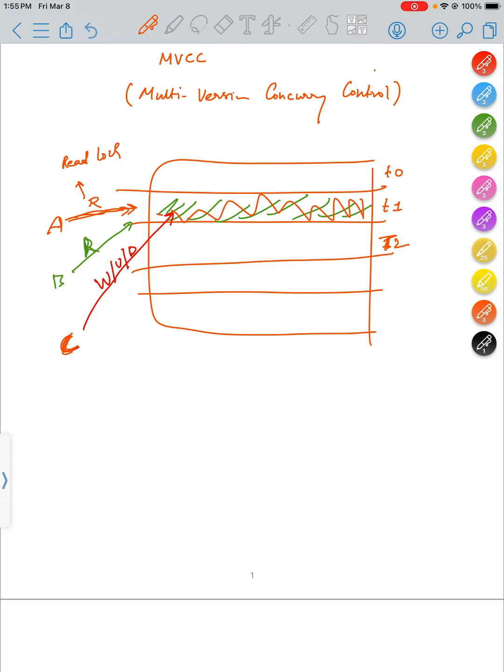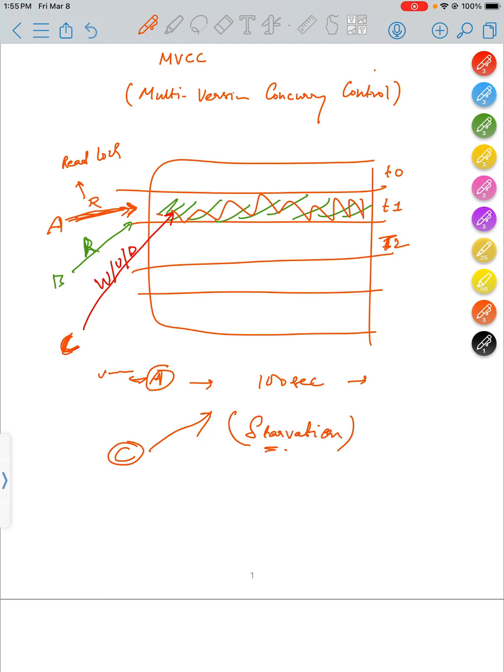But there are lots of pros and cons in this situation, because let's say A's reading takes a lot of time, so C has to wait for that. It can take 100 seconds, or more than that, or this process is very slow. So what happens is that C waits forever, and it causes starvation.